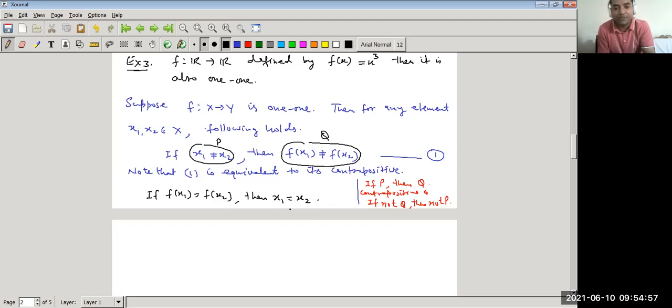In this way, we can show that the function is 1, 1.